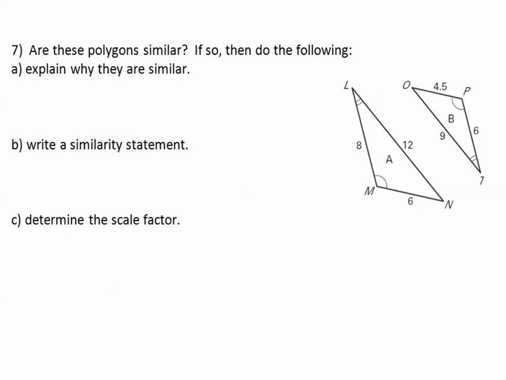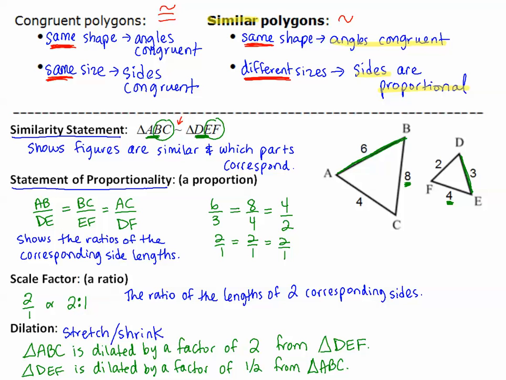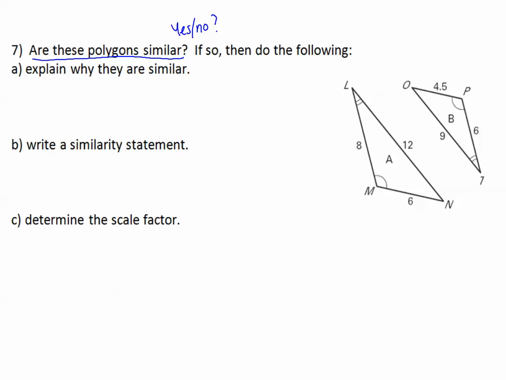Let's try one more. Are these polygons similar? This time I'm not telling you the answer, I'm asking you a yes or no question. If so, then we'll do the following. So recall back to the beginning when we said what similar polygons means. Angles have to be congruent and sides have to be proportional. Are the angles congruent?